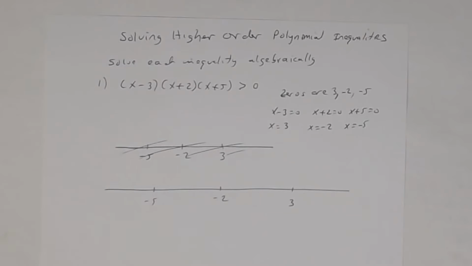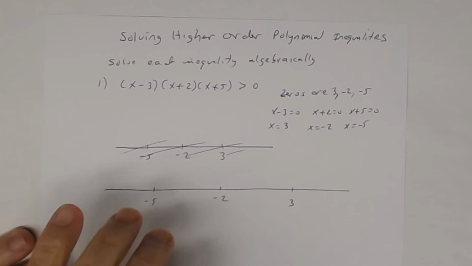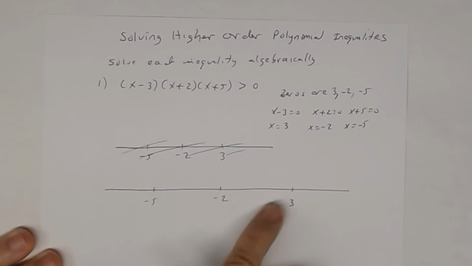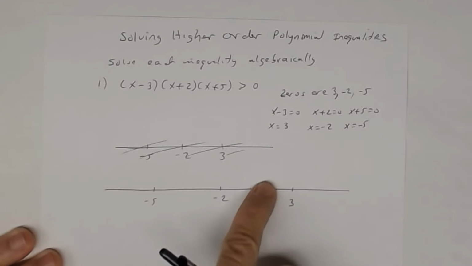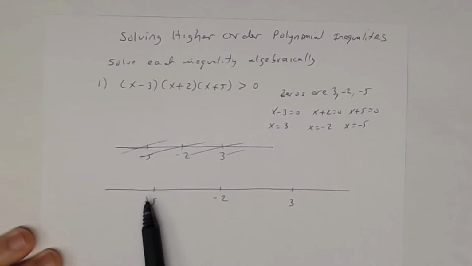Okay. All right. Now, once you put the number line, remember the whole point is to determine which of these intervals, and notice that those 3 zeros divided the number line into 4 intervals. You have this interval, this interval, this interval, and this interval. Those intervals: you're going from negative infinity to negative 5.